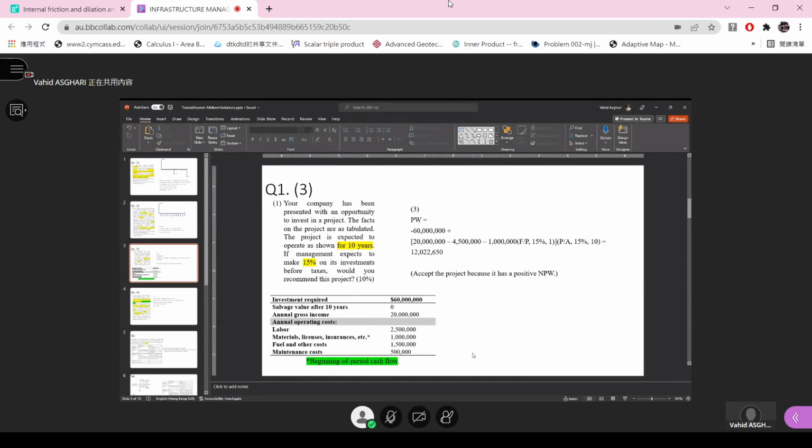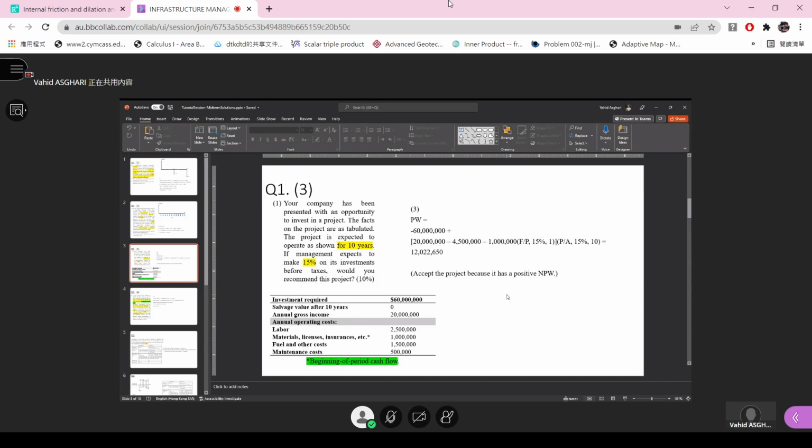All of the equations that use P based on A or F based on A, or any equation that contains one A in here, are based on the assumption that those periodic payments or periodic incomes are at the end of the period, not at the beginning of the period.